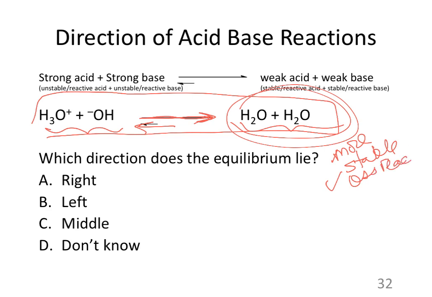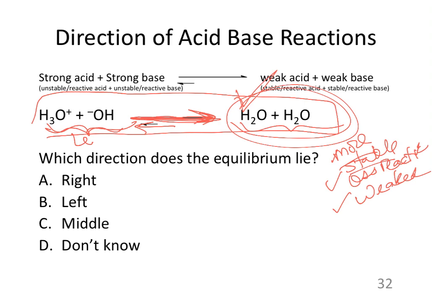Boy, my handwriting's going downhill, right? More stable means less reactive. It also means weaker acid and base. And, or would it be the reactant side? In this case, this arrow is telling us that the products are favored. So we know the products are more stable. The more stable side is going to be favored.